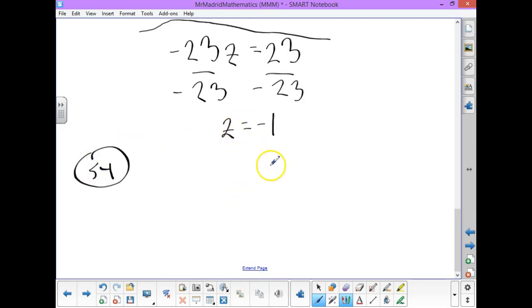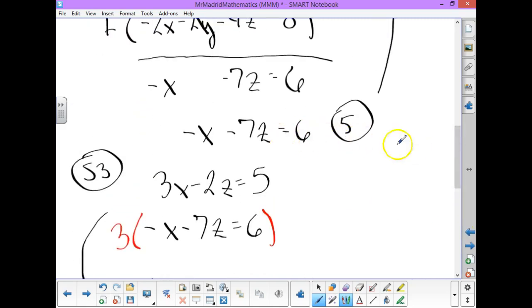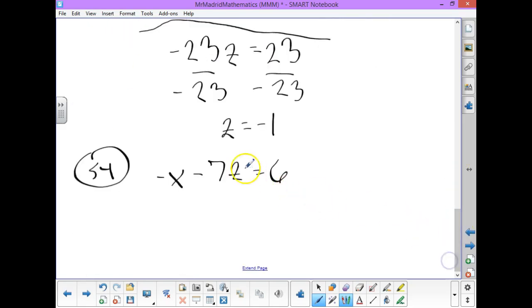Okay, but we already have z, so what we can do is take advantage of the smaller equations. Doesn't matter which one. Let's go ahead and use the fifth one. Negative x minus 7z equals 6. Just borrowing this guy again.